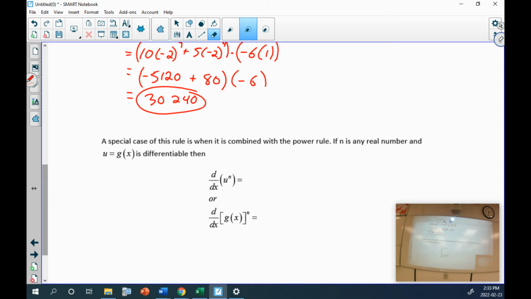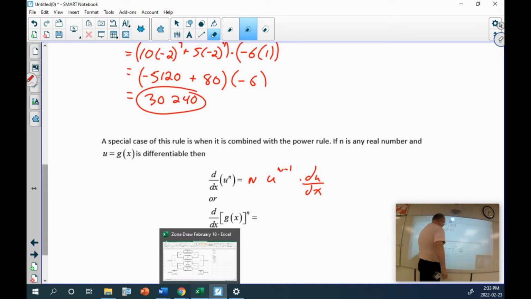Okay, so special case is when we have a function defined u is equal to some function raised to the power of n. This is just going to be n times u to the n minus 1 times du/dx. Very simple.